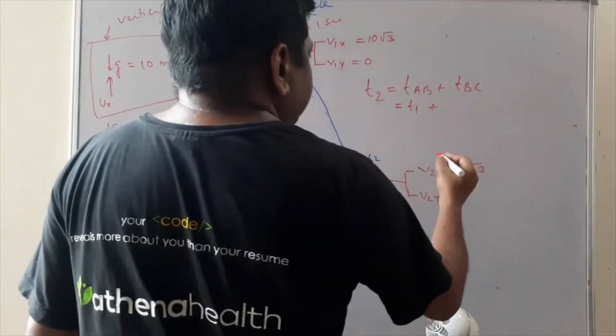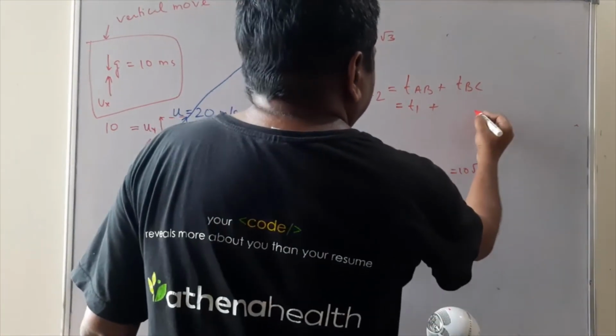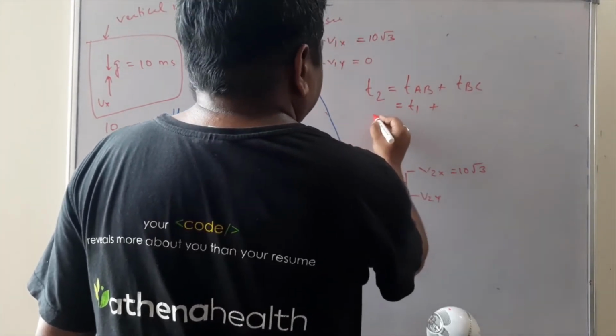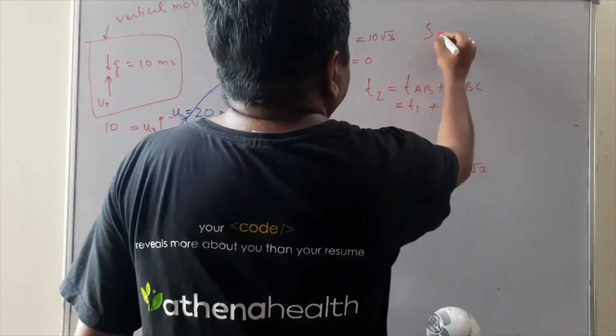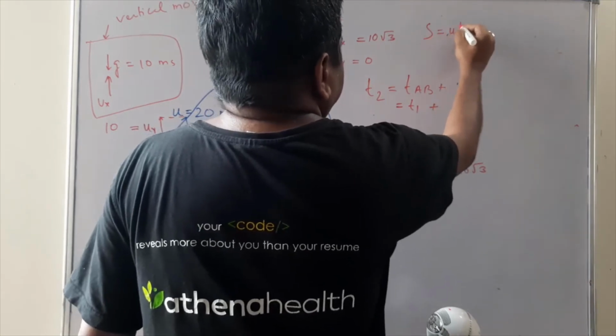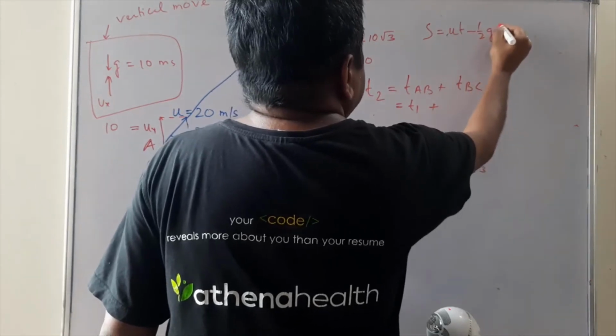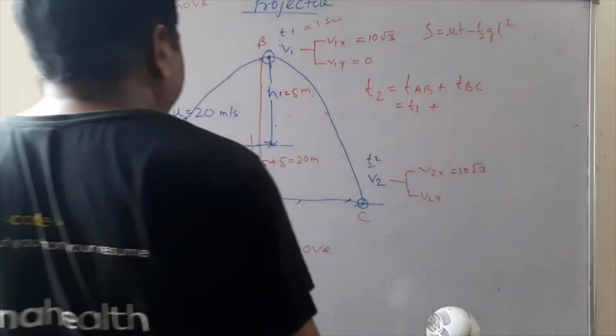So we can use this equation: S equal to ut minus half g t square.